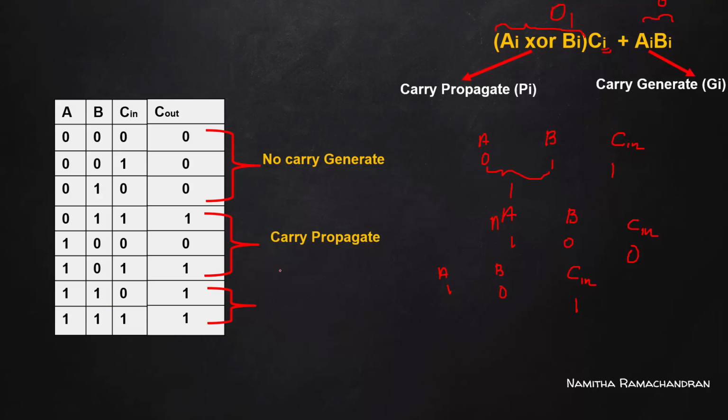Consider the combination A equal to 1, B equal to 1, Cin equal to 0. So without considering this value, the carry generate term Ai and Bi, 1 and 1, is 1 actually. So it generates a value 1.